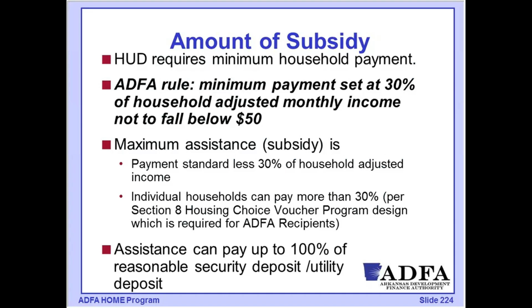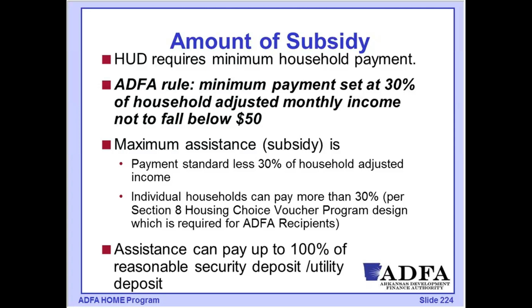So when we calculate the amount of the subsidy, there are some rules that play into that. HUD requires that there be a minimum household payment. ADFA has put in place a minimum of 30% of the household adjusted monthly income, and not to be less than $50.